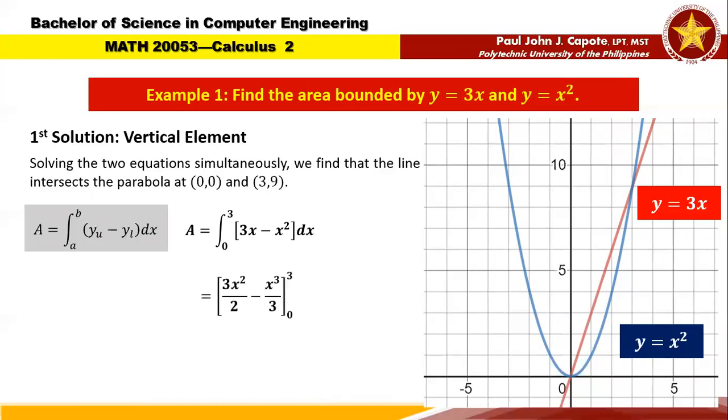After integrating, we get 3x squared over 2 minus x cubed over 3, and then we are to evaluate this indefinite integral from x equals 0 to x equals 3. The area between two intersecting curves is 9/2 square units.